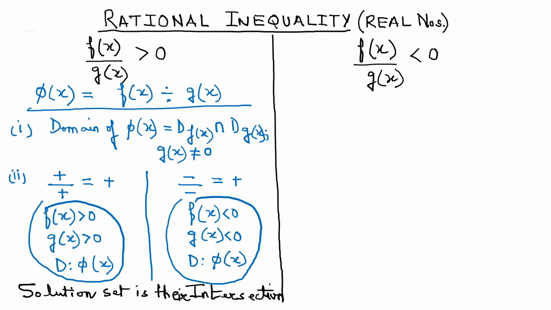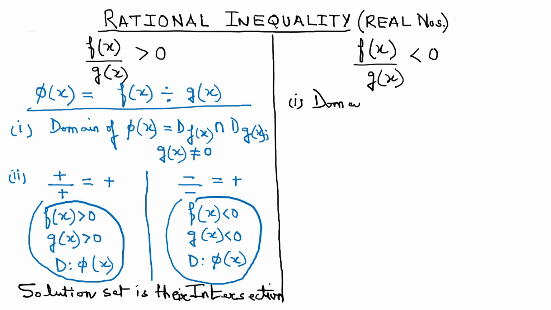Now the same thing we would do here on the other side when we are talking about f(x) upon g(x) being lesser than 0. The very first thing that you are supposed to do here is specify the domain of phi(x).